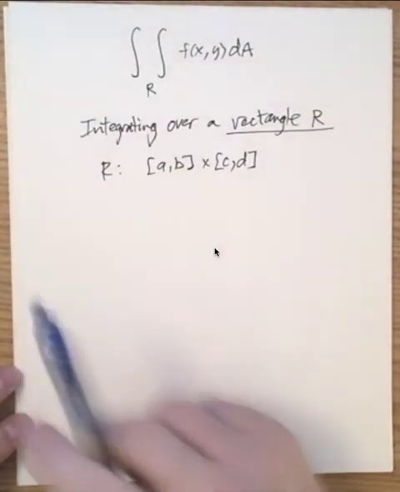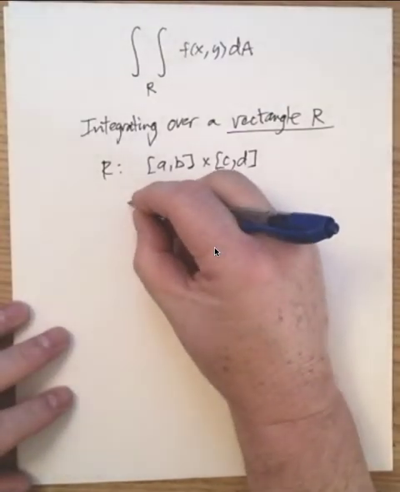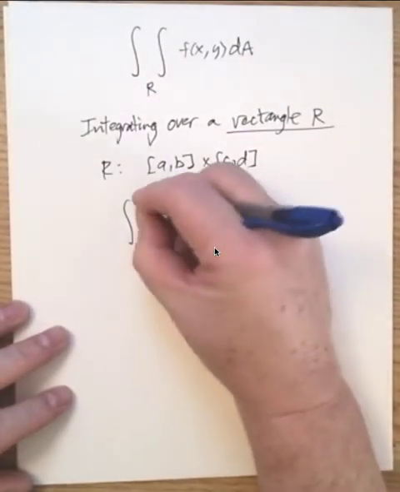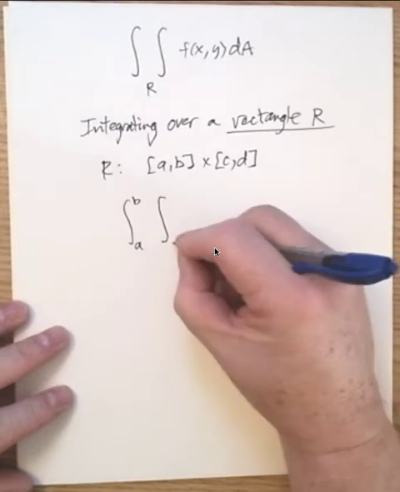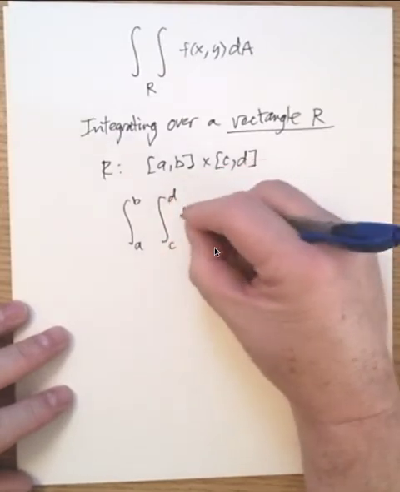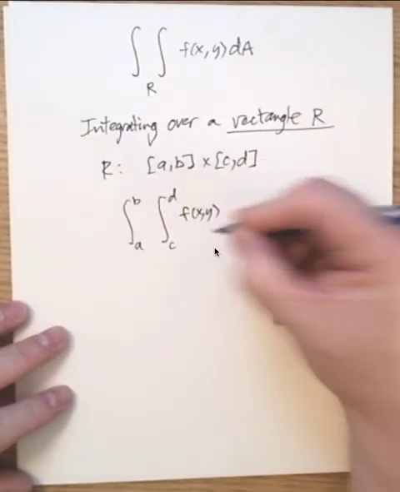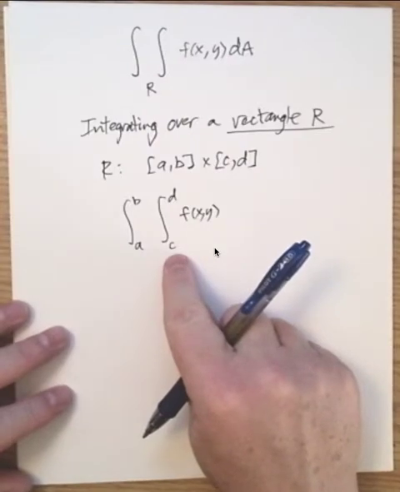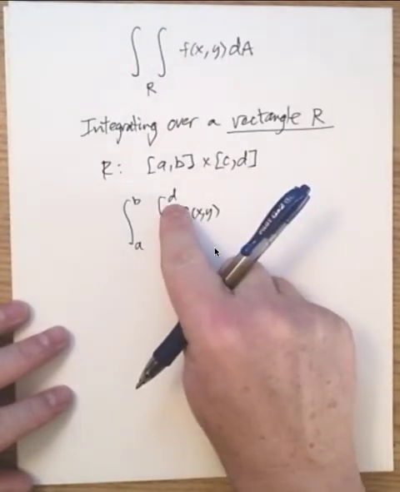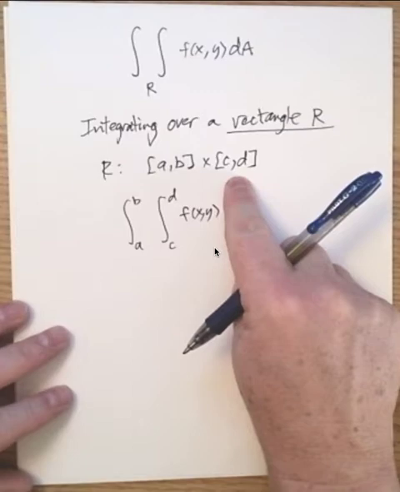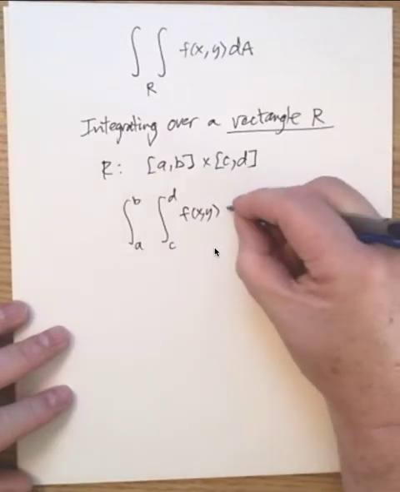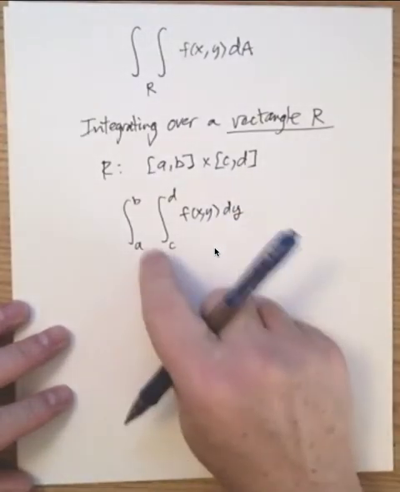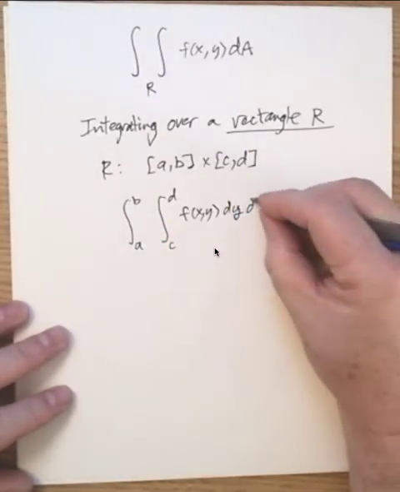Okay, so if you're integrating over a rectangle like this, we've already seen this. You could go from a to b, c to d, f of x, y. Okay, now wait. The c to d here is actually referring to y values, right? So here I'm integrating out y first, and then I'm integrating out x.